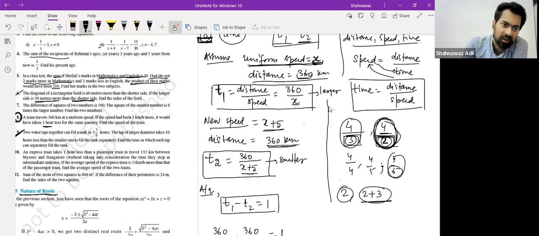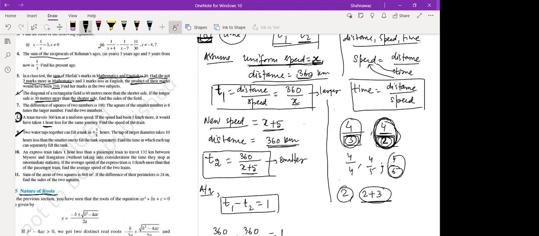So these are frequent questions that may be asked in the exam, right? This train problem, this upstream problem, these are frequent questions. So we just need to calculate the time part. Yes, sir.